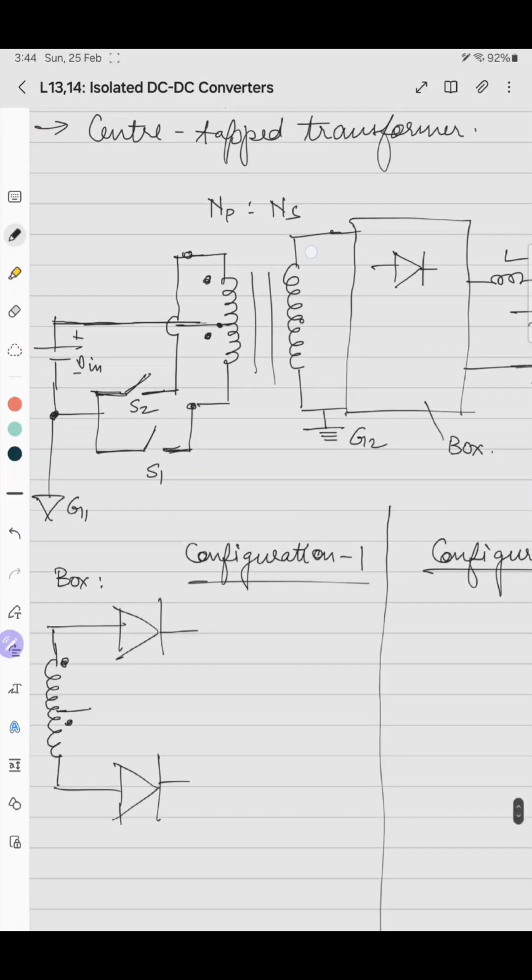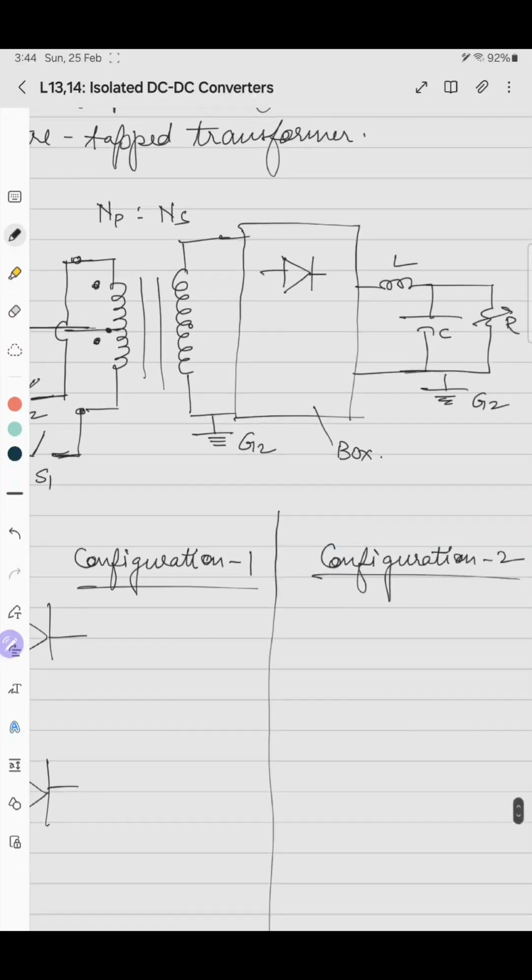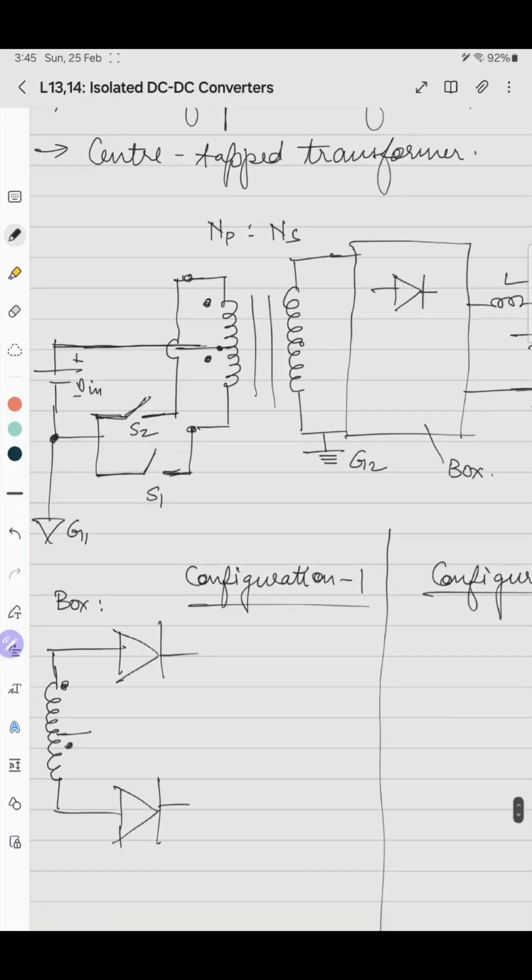And when both are on, what happens is that the primary winding is short circuited. So what will happen if the primary is short circuited? The secondary will be short circuited. So it means that you are short circuiting these ends. So typically it is not allowed.